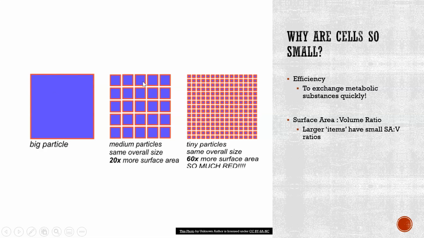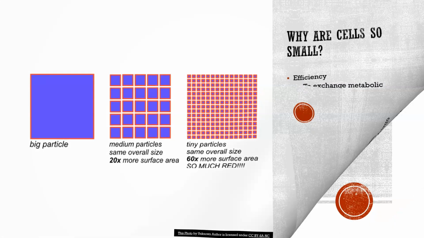Now, if you break that particle up smaller, you've now got all these extra surface areas that are within the initial large particle. So there's more surface area. Break it even smaller, and you've got even more surface area. That's really important in terms of those metabolic substances being able to exchange across the walls of cells.